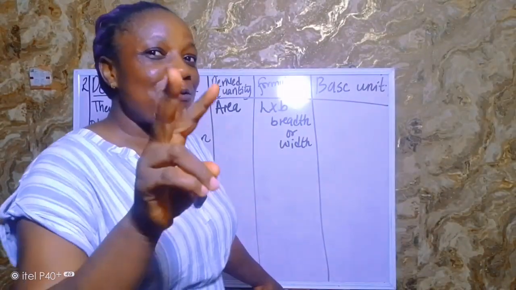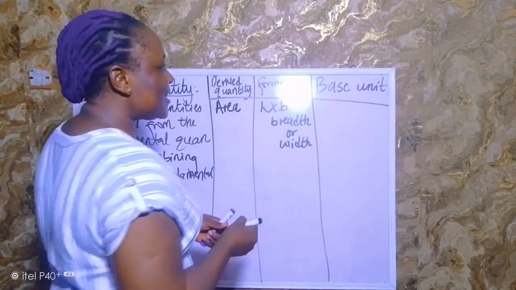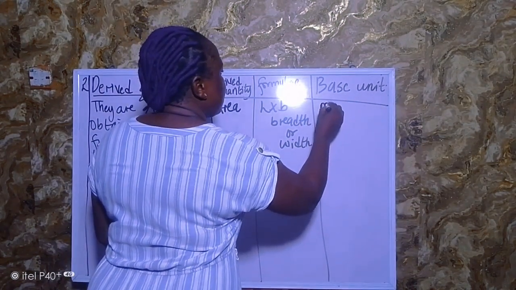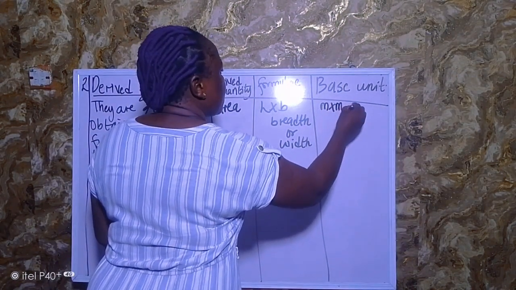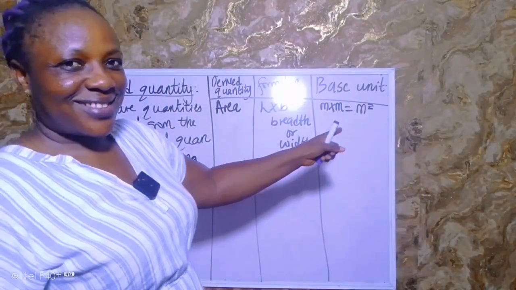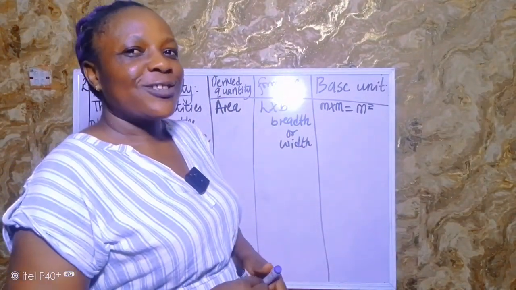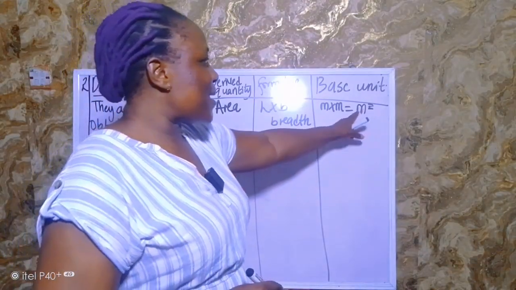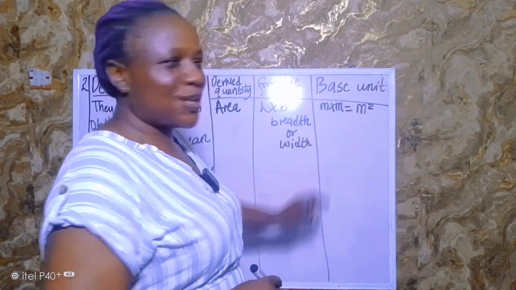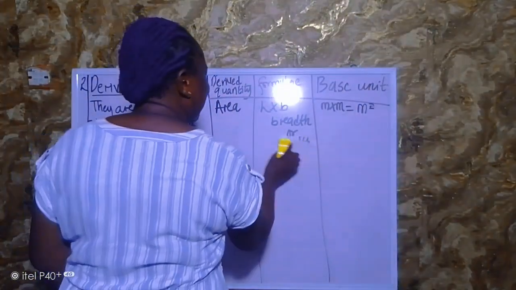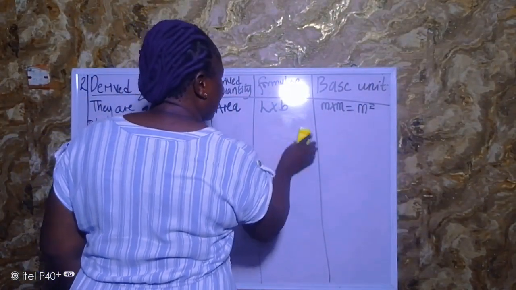That simply means that the units will be m times m, which is equal to what? m squared. Say squared meter. Very simple. Is it not simple? I know it is.